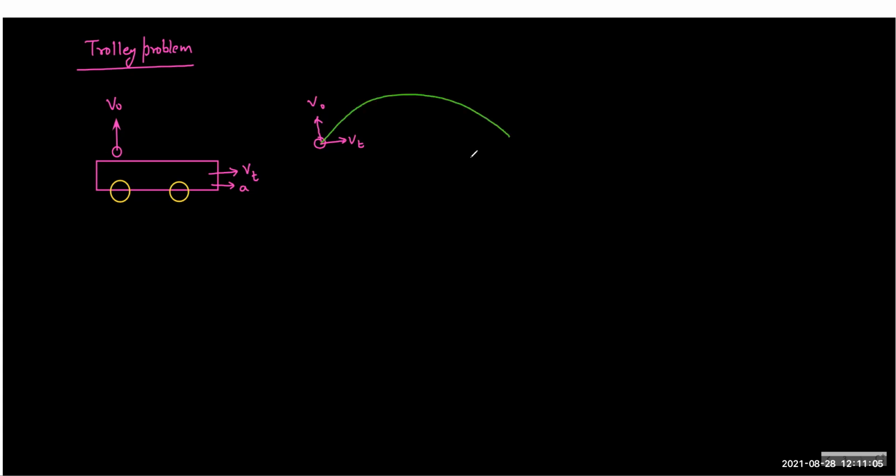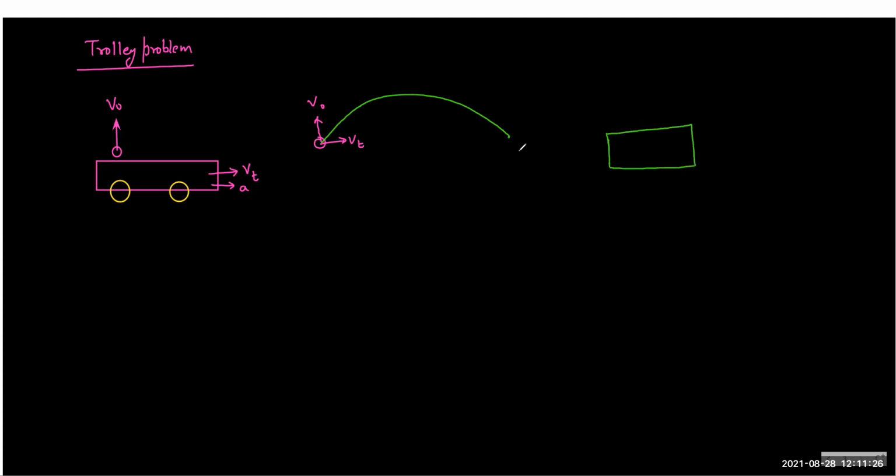But in the same time, when the ball is returning back, the trolley might have moved because of the acceleration. It might have moved somewhere here also. In fact, it will move like this.